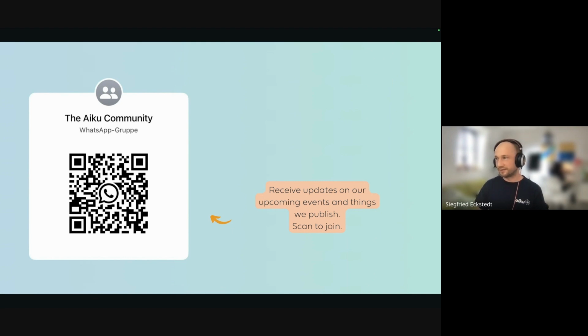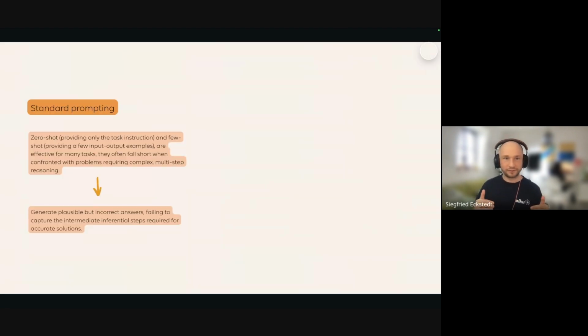And let's dive into what we have today. And it is about breaching the limits of, let's say, standard prompting. In the last sessions, with the first session, we had the basics covered, how to structure a prompt. The second session was about how to make sense of the quality and potentially improve the quality a little bit of the prompt.